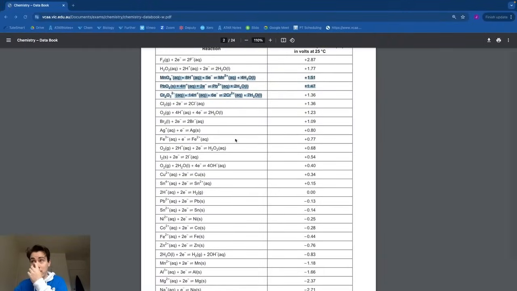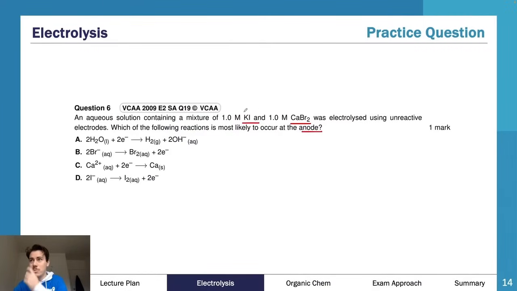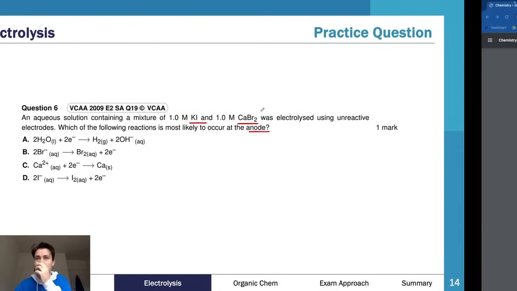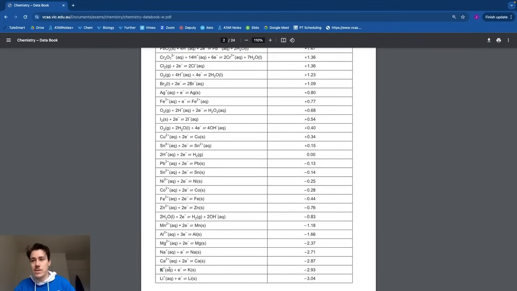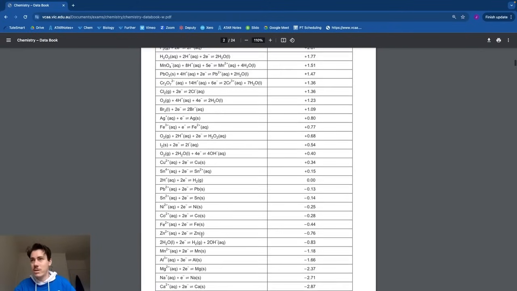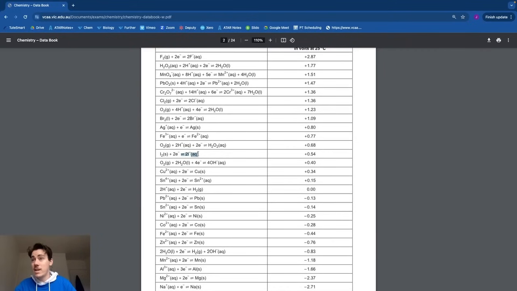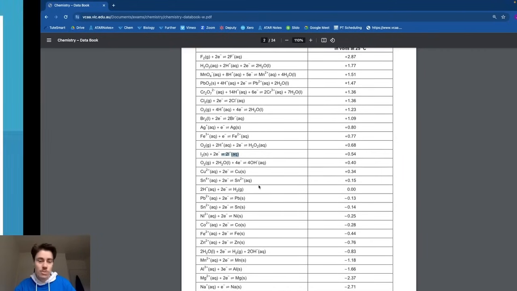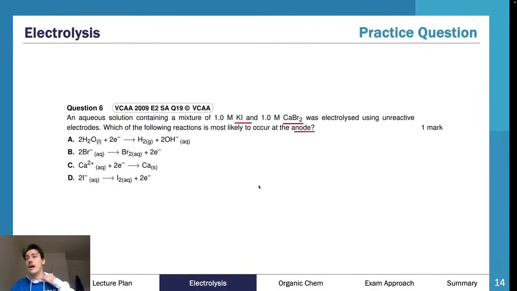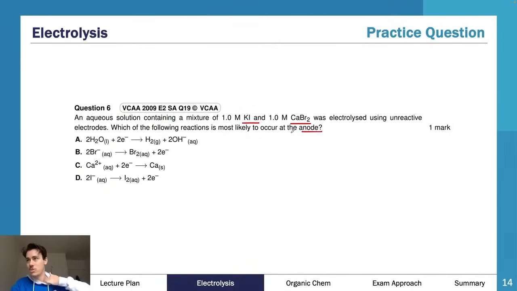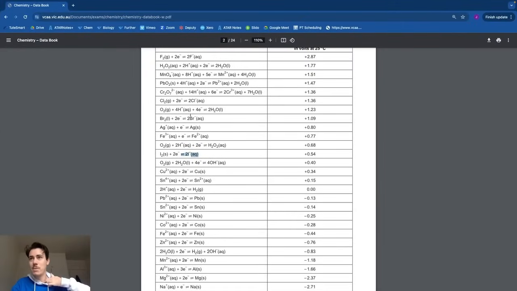So I need my electrochemical series. If I'm looking at this scenario, I've got K+, I-. So I need to look for these things. K+ is on the left side. It can't go through oxidation. I'm fine with that. I- can. It's up here. It can go through oxidation. And then what else have I got? I've got Ca2+ and I've got Br-. Br- can also go through it.